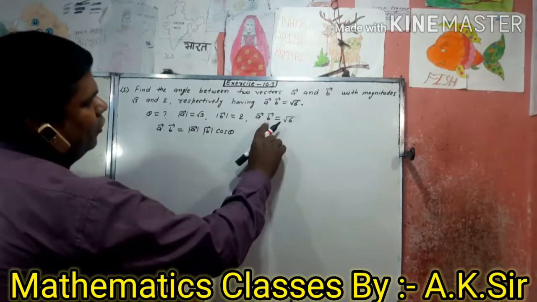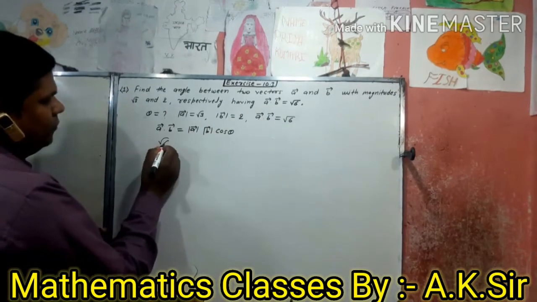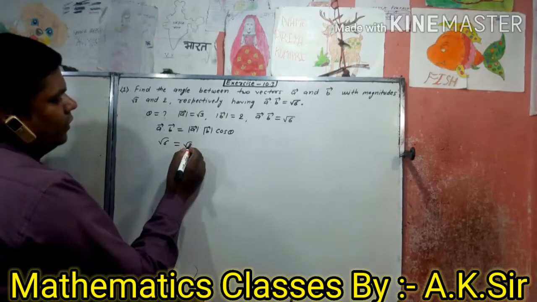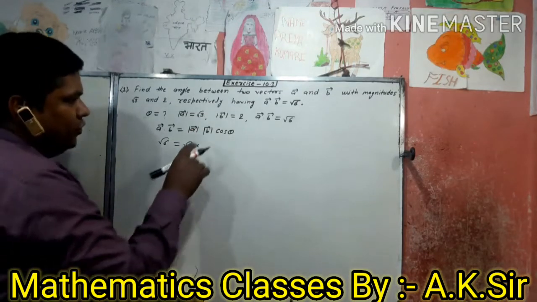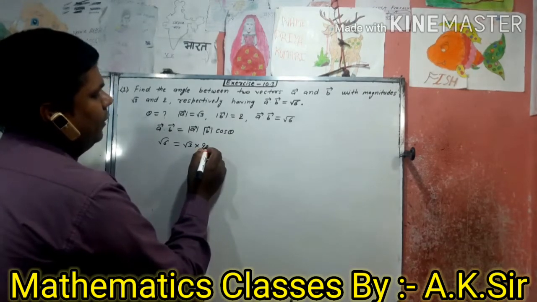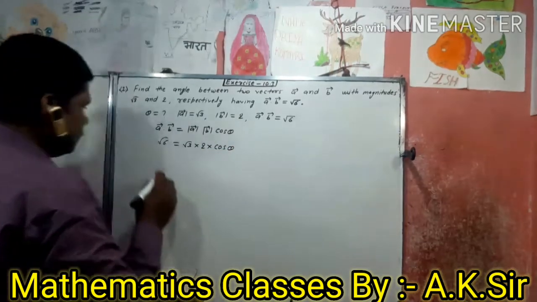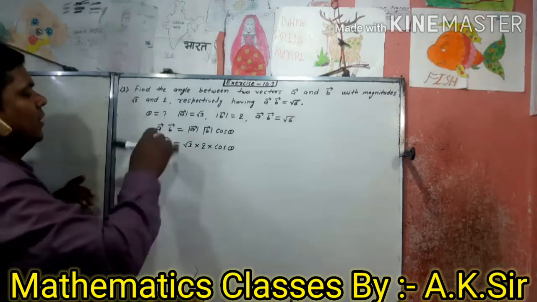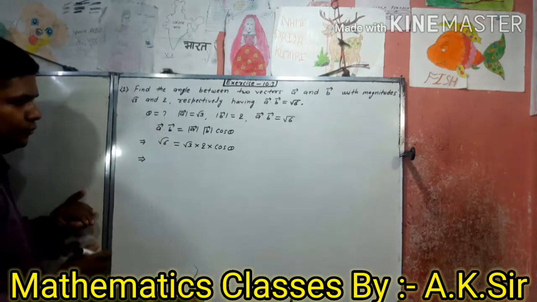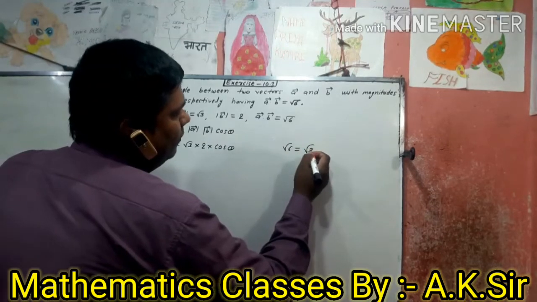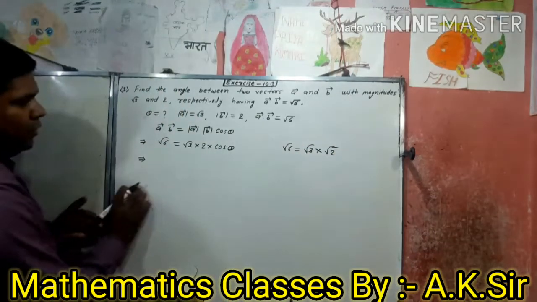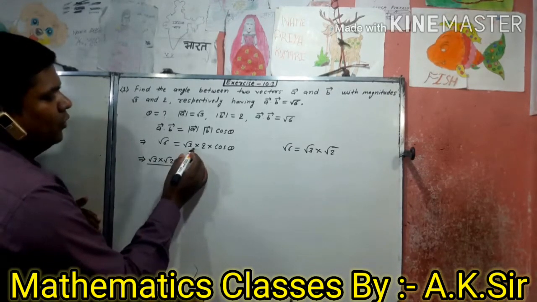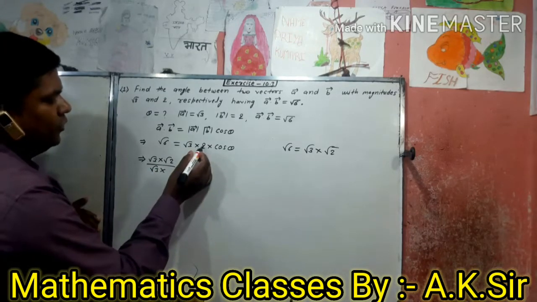Here, given A dot B is equal to under root 6, the magnitude of A is under root 3, and the magnitude of B is 2. Implies we can write under root 6 is equal to root 3 times root 2 upon root 3 times 2.